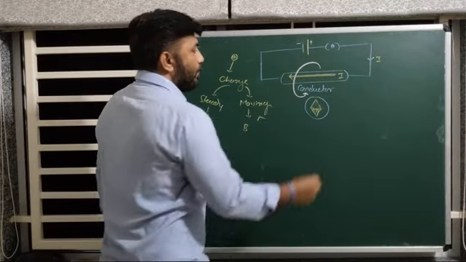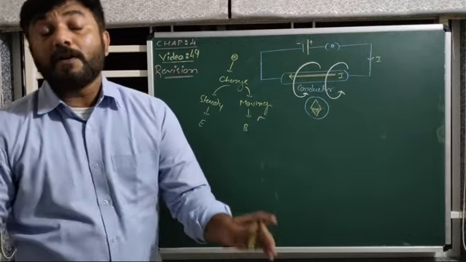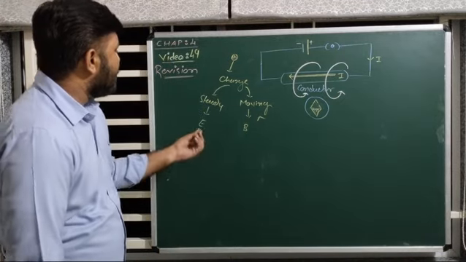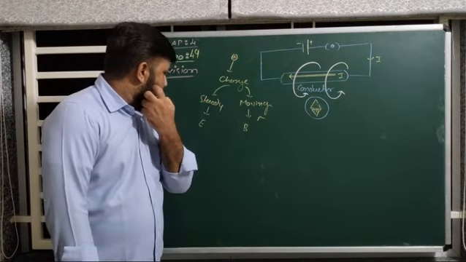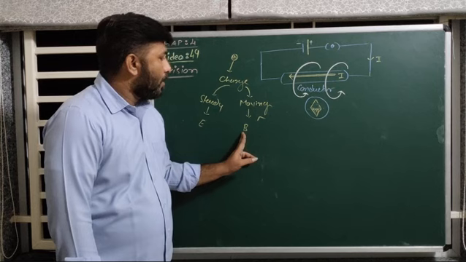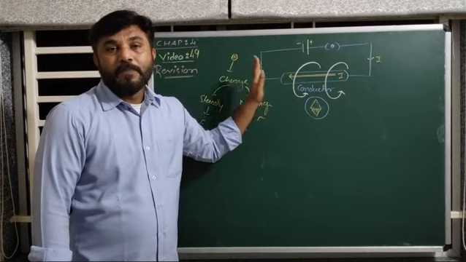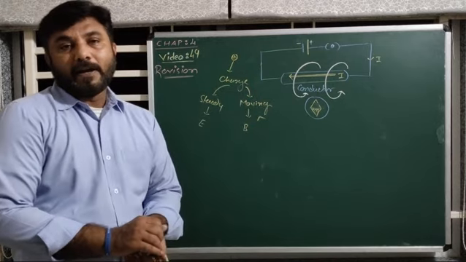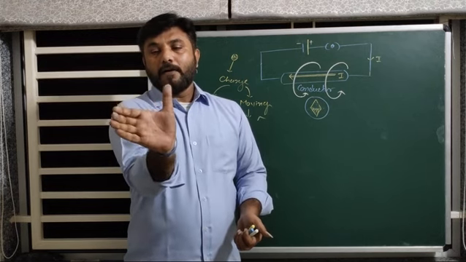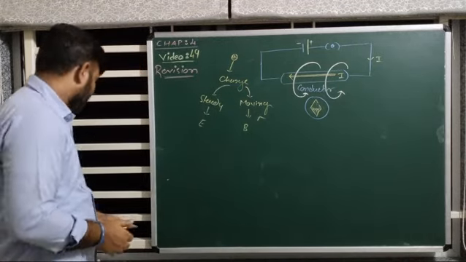This was about simple logical things: a steady charge produces electric field, a moving charge produces magnetic field, and the direction is given by the right hand thumb rule.